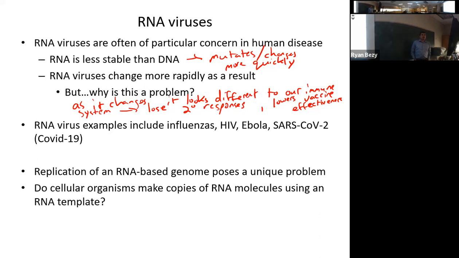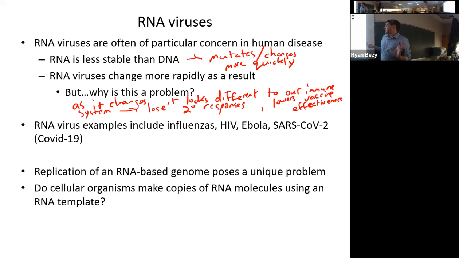When it comes to replication of RNA-based genomes, we are particularly concerned about RNA viruses, but there are some challenges from the virus side of even having an RNA-based genome in the first place. First off, do cellular organisms ever make copies of RNA off of other copies of RNA? Have you ever heard of RNA being used as a template to make more RNA?